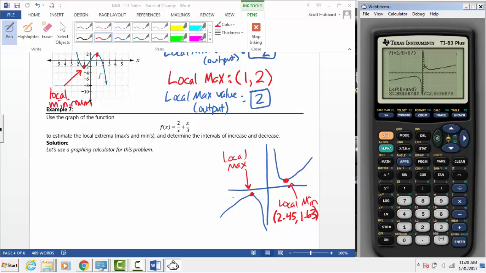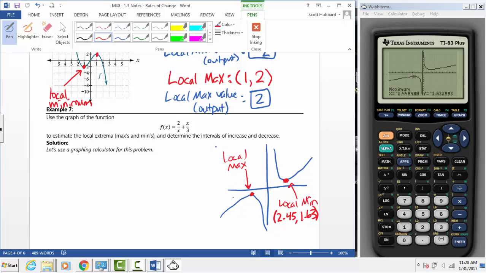So I'll do it again. I'll go second, calculate. I'm going to find the maximum. And I want to go over here. So left bound, just make sure you go to the left of where you think the max is, okay? And the right bound. Okay, I think I've gone past it now. And get close to it.